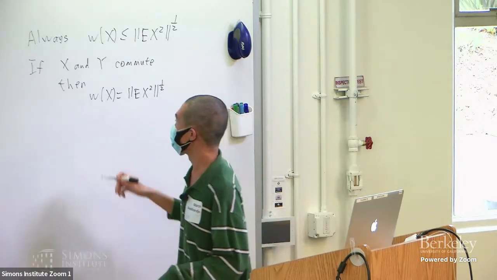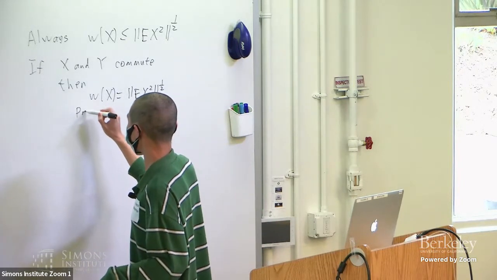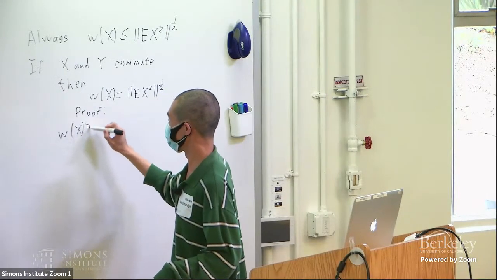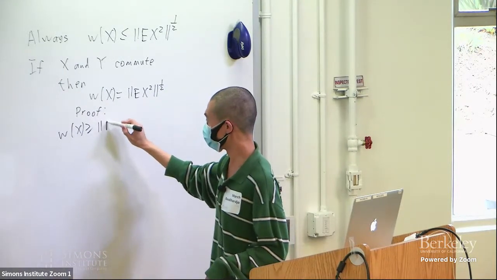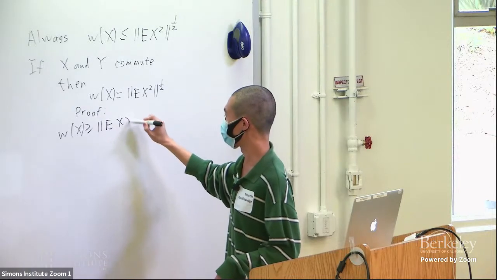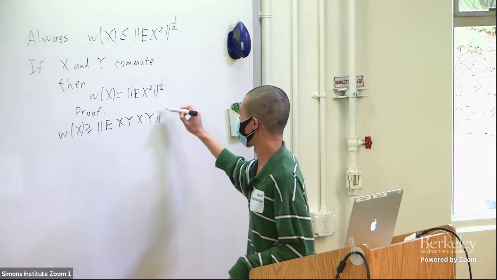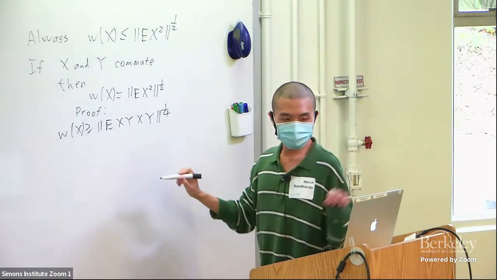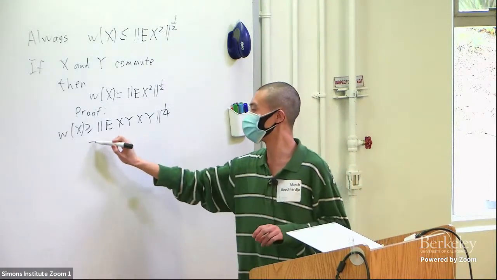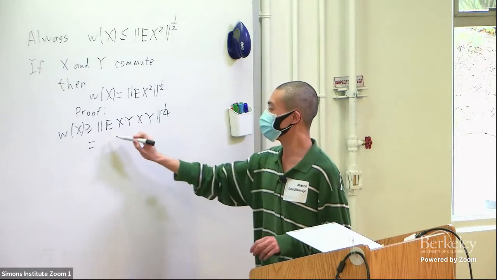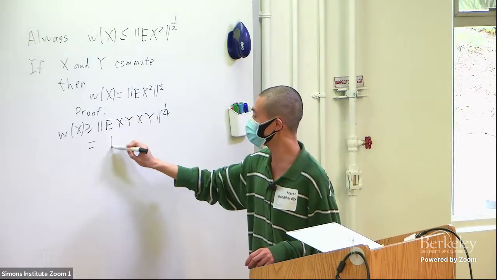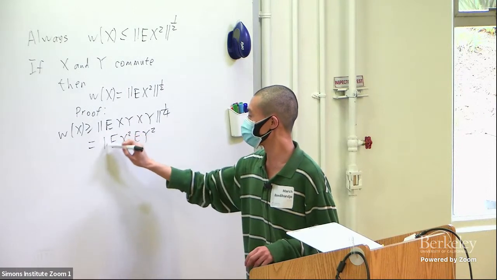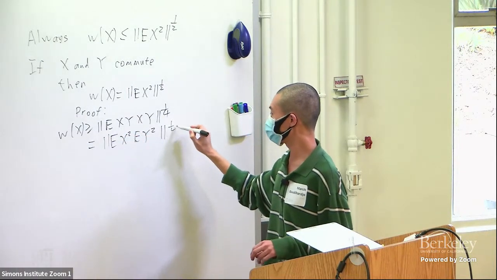The reason is a very short proof, because Wx will be at least the norm of xy to the power 1/4. And this will be equal to, because they commute and they're independent, ex squared times ey squared, norm to the power 1/4.